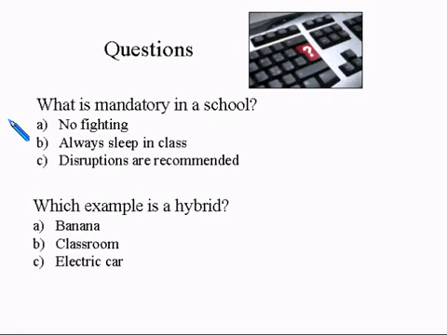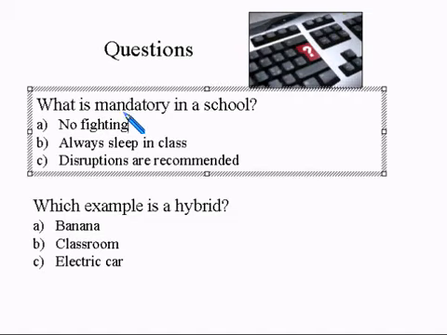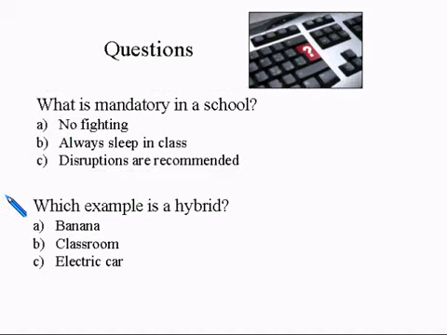No fighting. Always sleep in class. Disruptions are recommended. The answer is A. Usually it's mandatory to have no fighting in the school. Final question. Which example is a hybrid? Banana, classroom, electric car. The answer is banana.